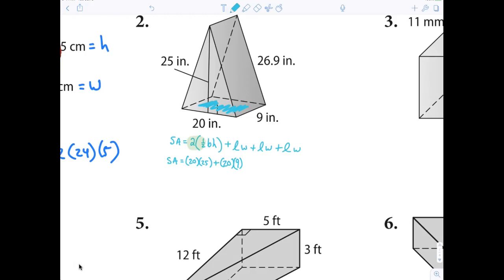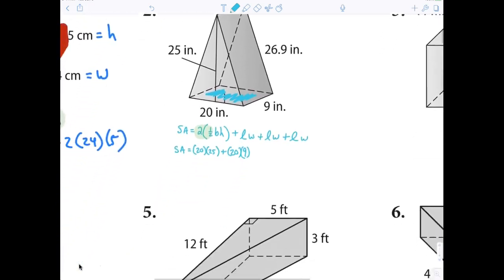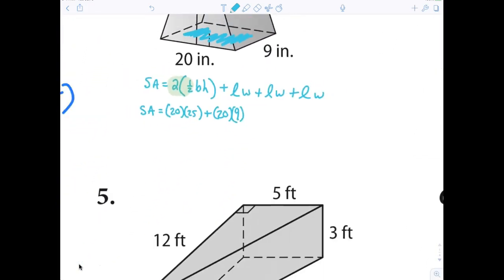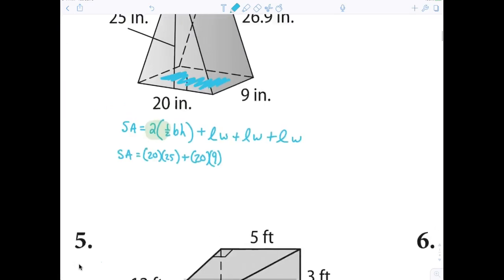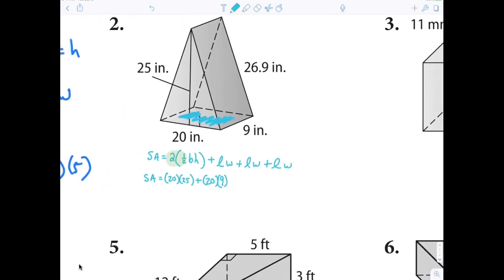You with me, or let me show you? The 2 and the 1/2 did cancel out, right? All right, now what is this? 26. What's this one? Plus, say it, go ahead. 26.9. Right, 26.9 times 9.